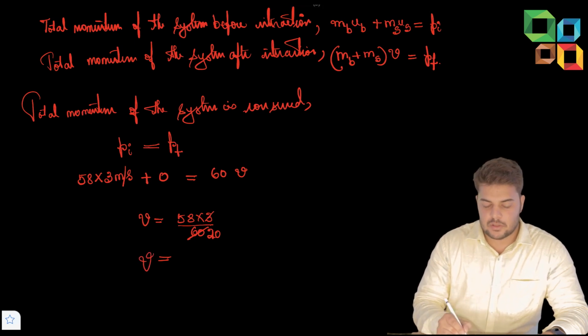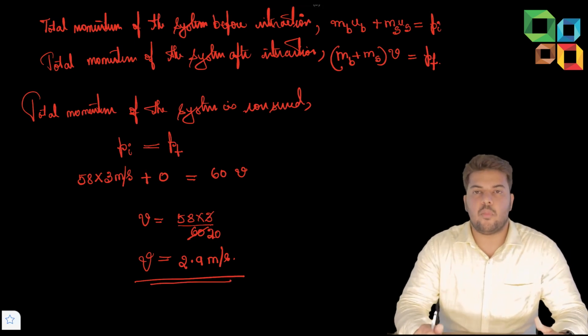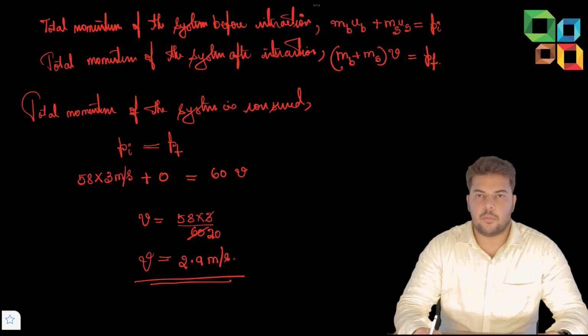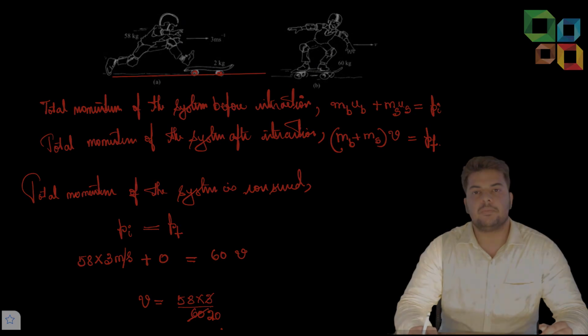So v would come out to be 2.9 meters per second. The final speed with the boy on the skateboard would be slightly smaller than the speed of the boy before he jumped on the skateboard. So this is an interesting problem, isn't it?